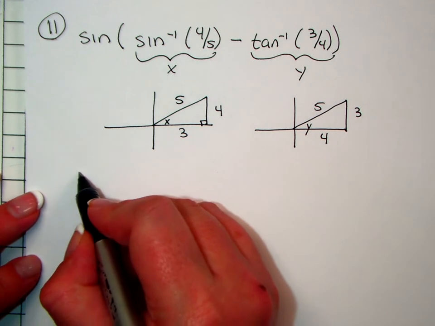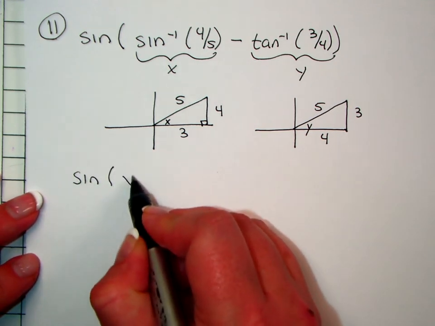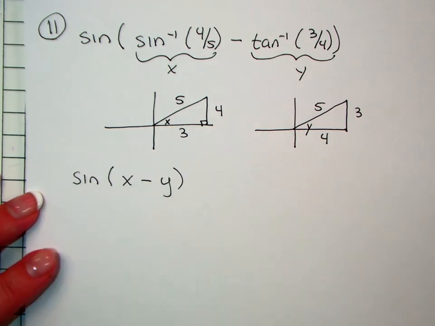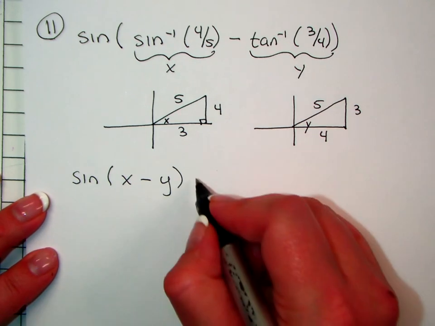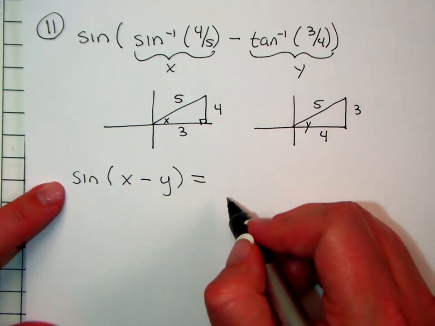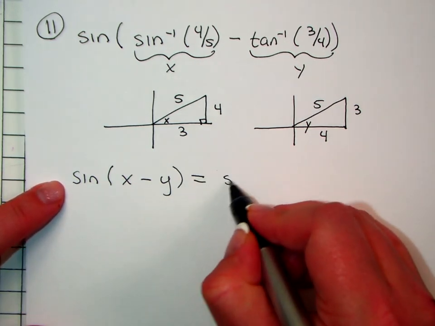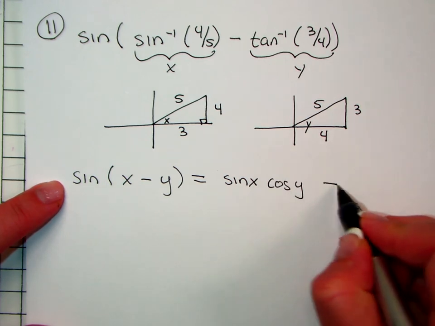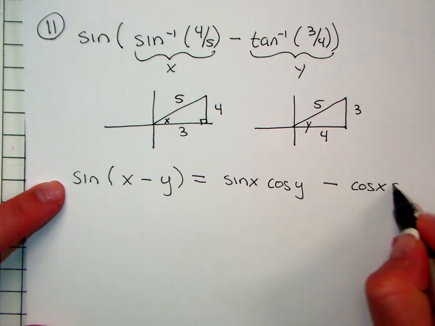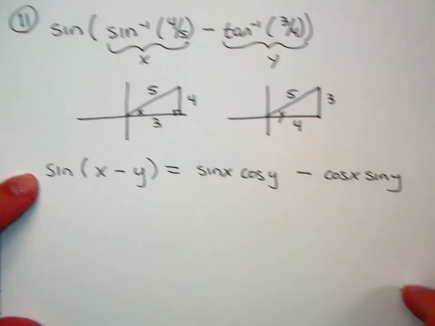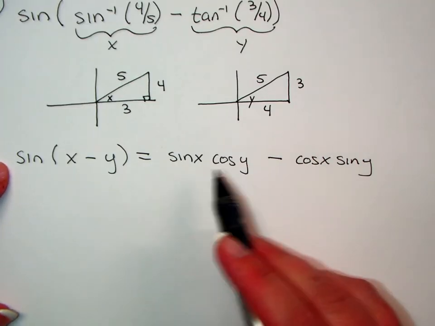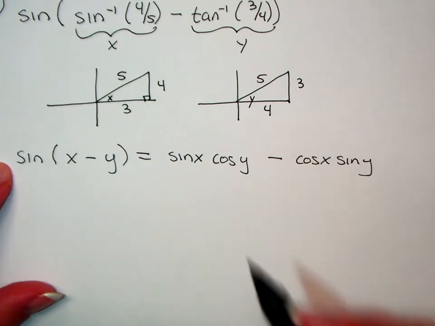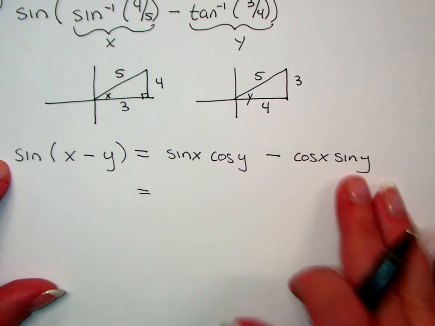All right, so I've simplified this to sine of angle x minus angle y. So I'm going to use the difference formula for sine: sine cos minus cos sine. Remember, always put the x first and the y second. Then I'm going to evaluate all 4 of these.